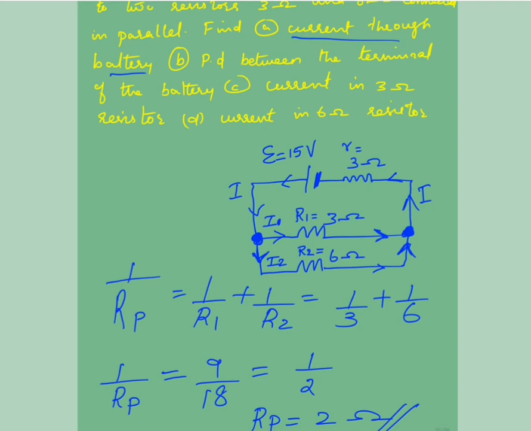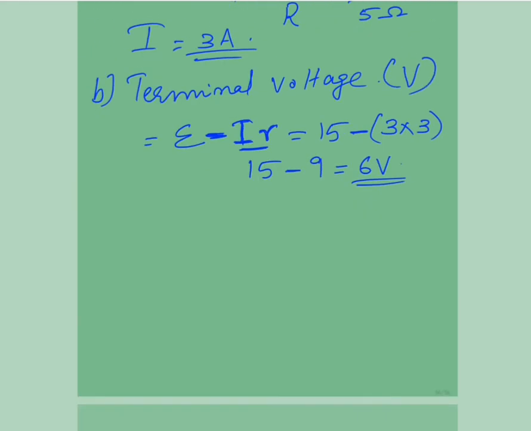Next question is to find the value of current in 3 ohm resistor and current in 6 ohm resistor. For that, we can find out that that is same as finding I1 and I2. Now let us see how to find the current passing through 3 ohm resistor, that is I1.